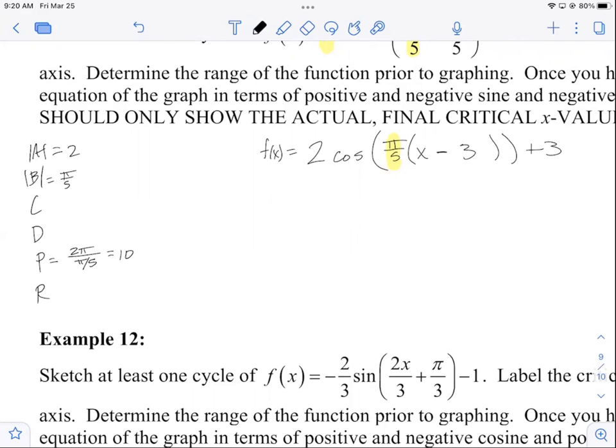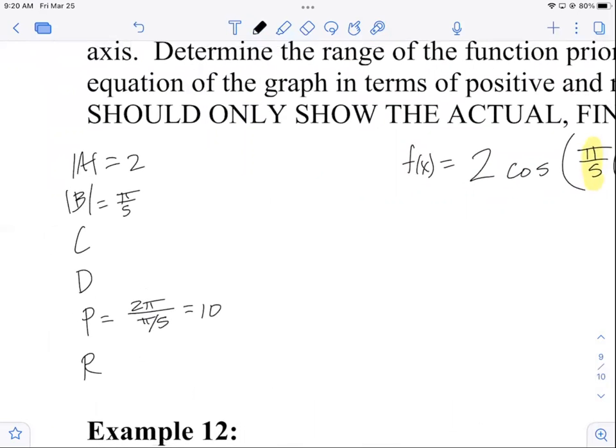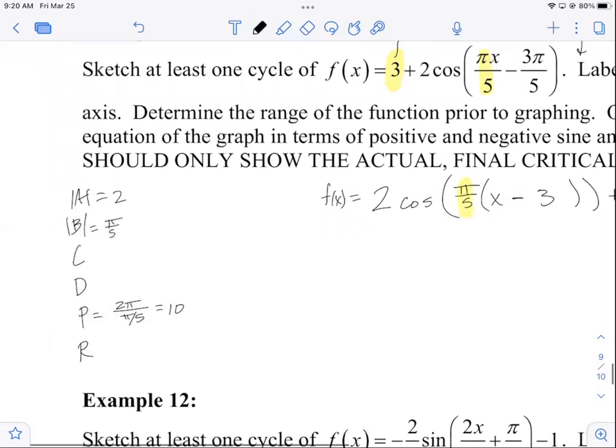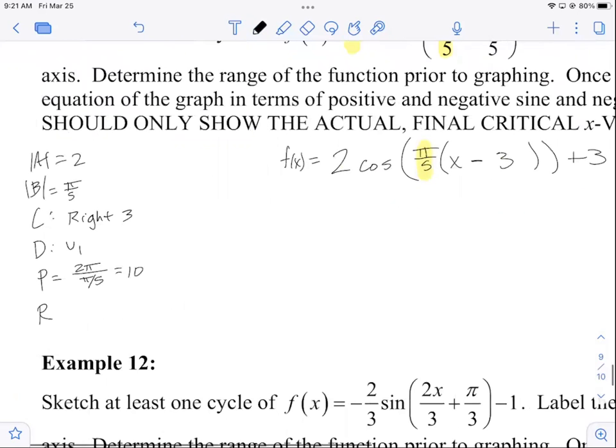Now, notice that's actually pretty cool because the pi is divided out. There's not going to be any pi on the x-axis. We're going to be counting by just numbers, without pi's, not irrationals. And then the C value is going to be right 3. And then the D value is up 3.